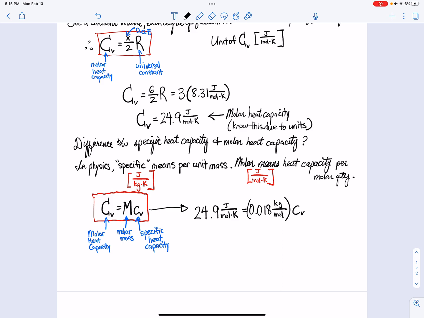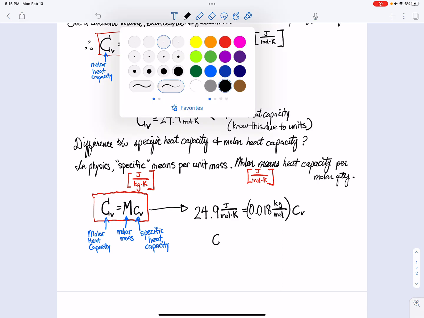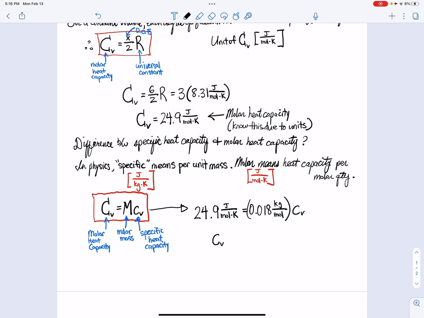If I plug that in my calculator, my specific heat capacity is equal to 24.9 joules per mole times Kelvin divided by 0.018 kilograms per mole, which is 1,380 joules per kilogram Kelvin.